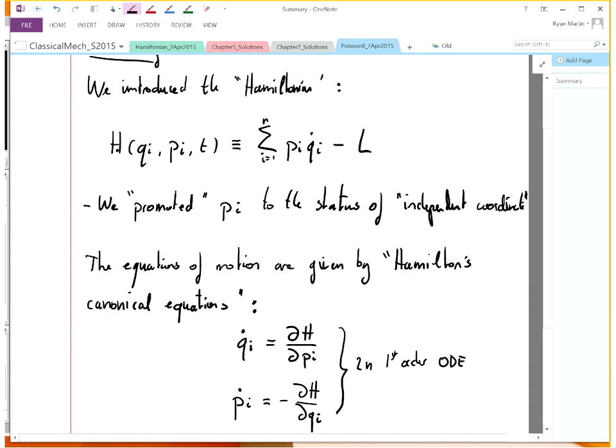So it's not obvious when we take the total time derivative of H that the parts that depend on q_i and p_i will cancel out. It's not obvious. But it happens, and that's because of the properties of the Legendre transform.